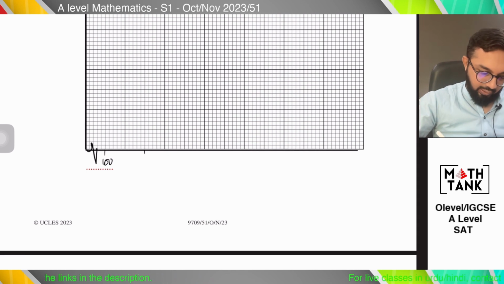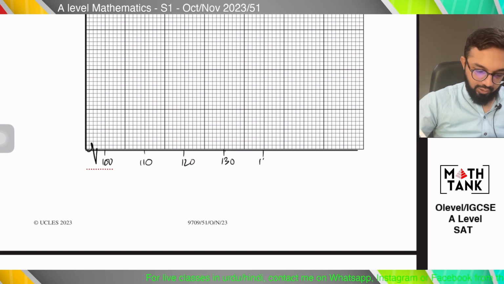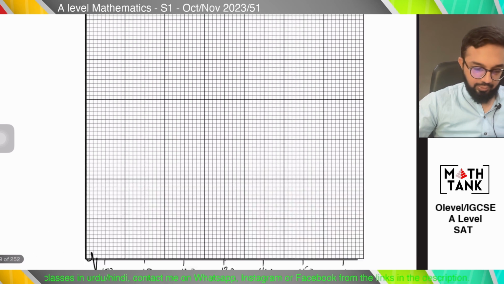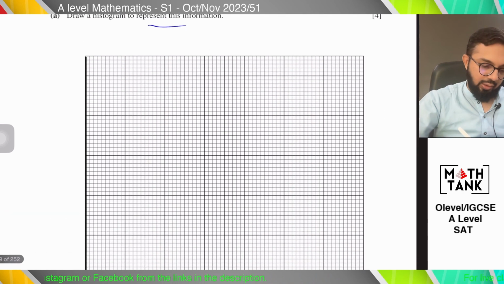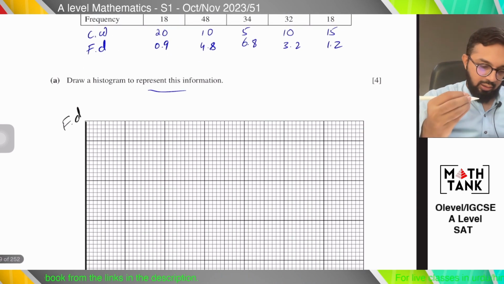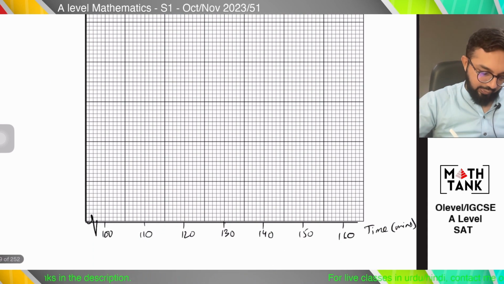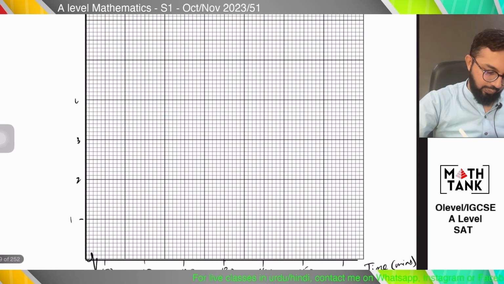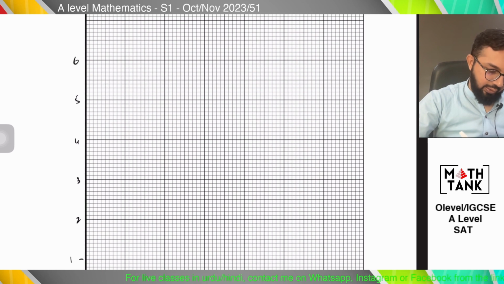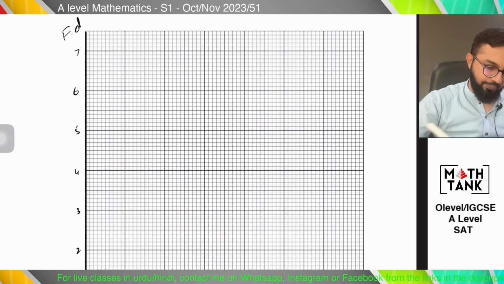So let's call that 110, 120, 130, 140, 150, 160. Those are time in minutes, and this is frequency density. I have to go up to 6.8, so let's write down 1, 2, 3, 4, 5, 6, 7.